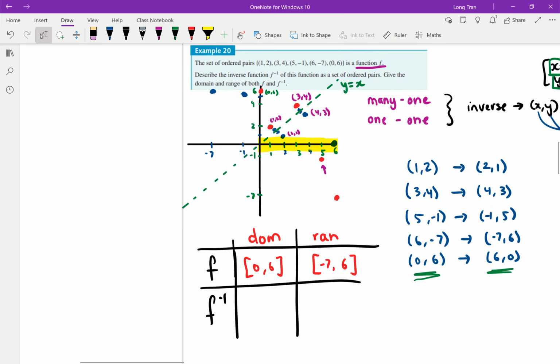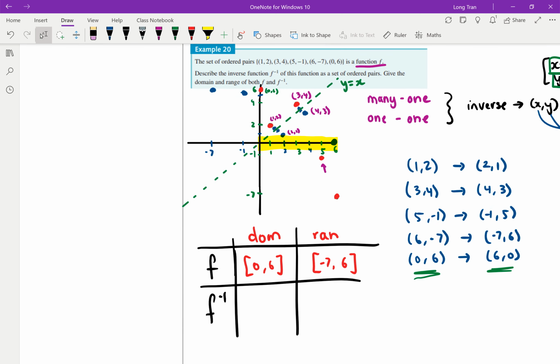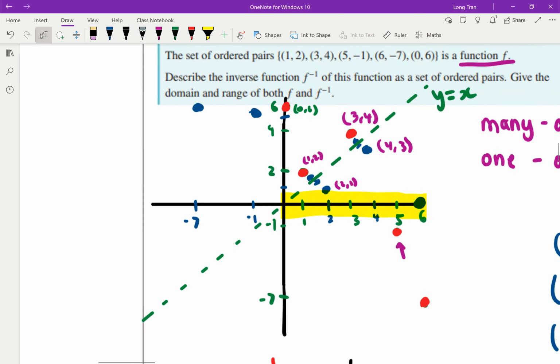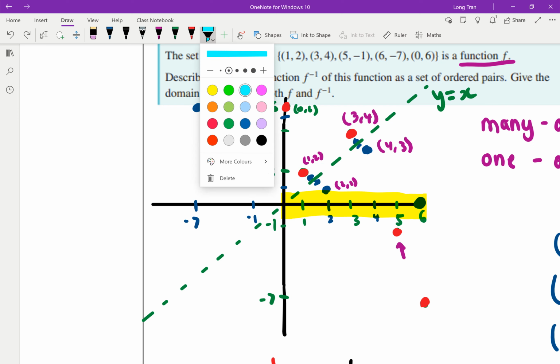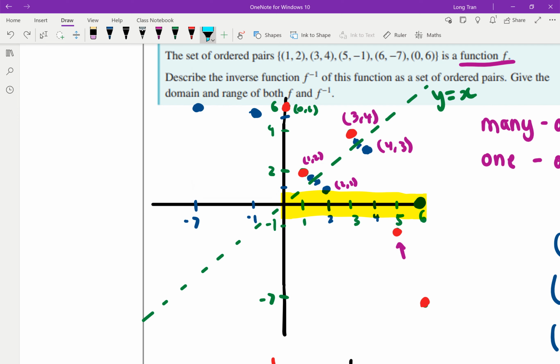Whilst, if we have a look at the range and domain for the f inverse, so the blue dots, look at the blue dots. What are my x values? What can it take? This is where it's special, and you'll see the properties come into play. Ooh, I just deleted everything. That's okay, I'm going to use another color. Let's do cyan. Now, if we go for the x values, can you see the blue dots?